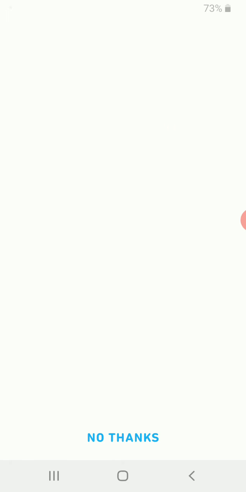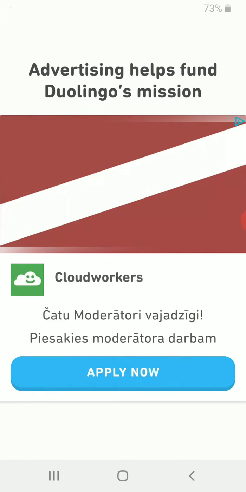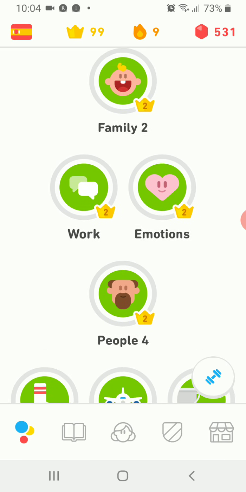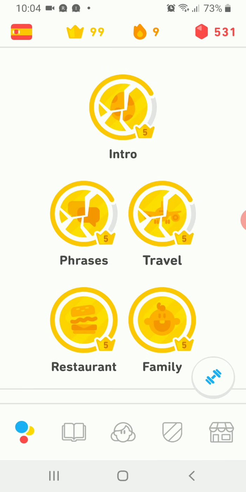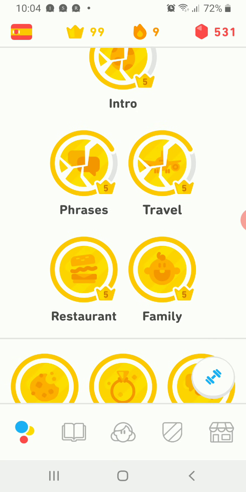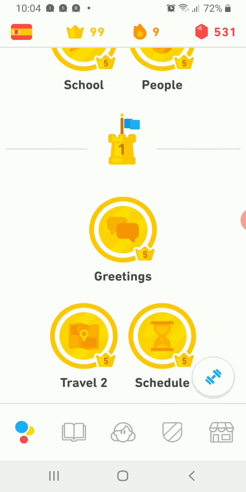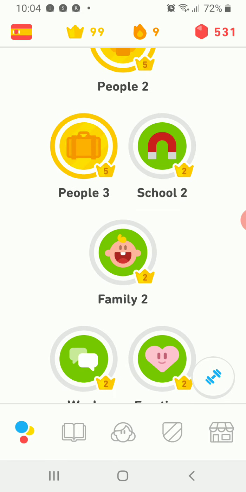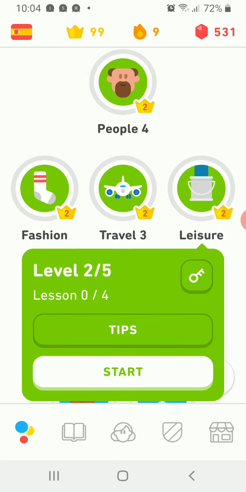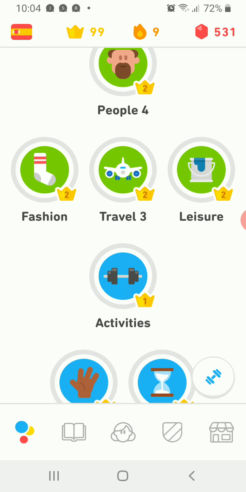So I'm quite happy with this, and like I said, I want to do all the exercises, and of course I will have to revise. Like I see here, I have my previous lessons all shattered. They're all cracked, which means that I have to revise them, do a refresh exercise and so on. But what I want is to have a momentum which will help me to move forward.